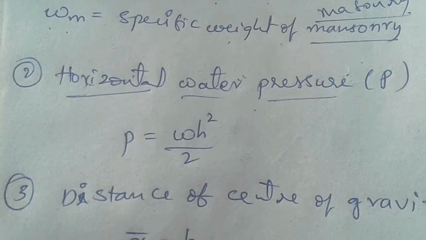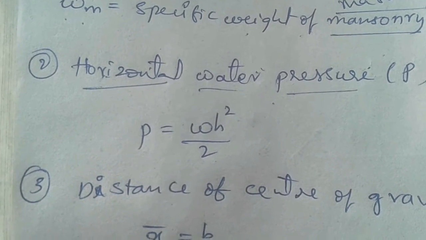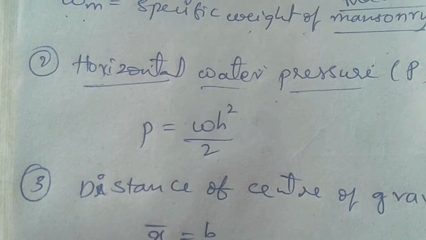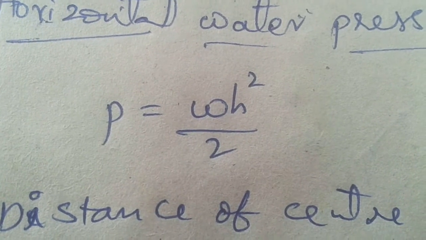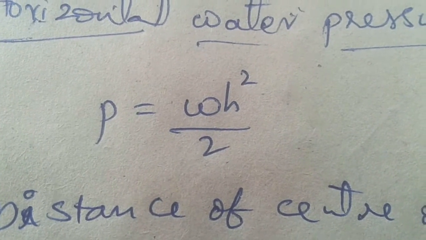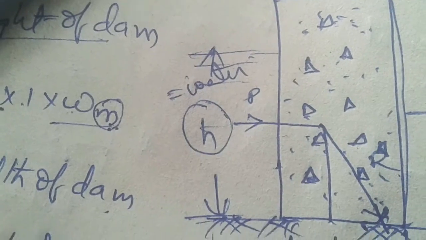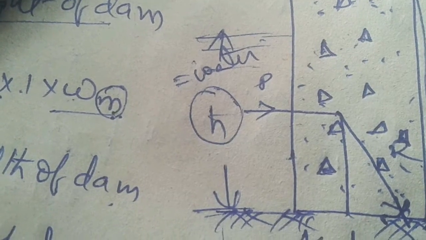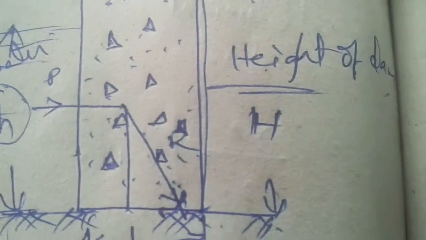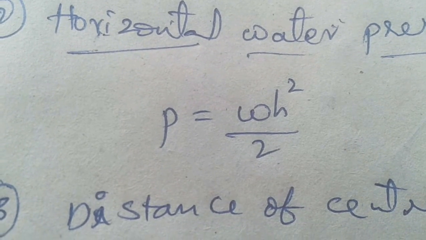Another step is horizontal pressure, denoted by P, and P equals Wh square by 2, where small h is the height of the water level and capital H is the height of the dam. So horizontal pressure is Wh square by 2.